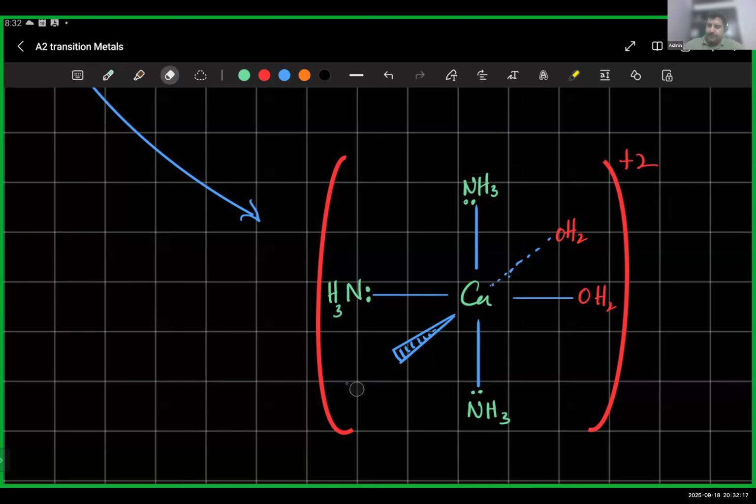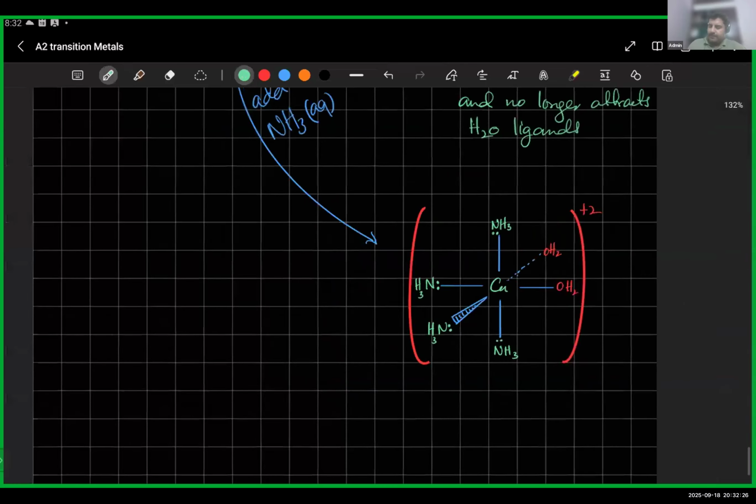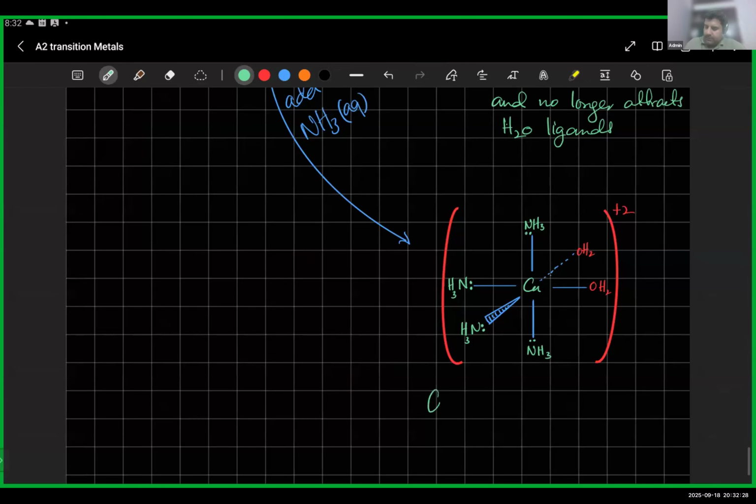Maybe all of the ligands get substituted by ammonia. So this is Cu(NH3)4(H2O)2, and the whole charge is going to be +2.